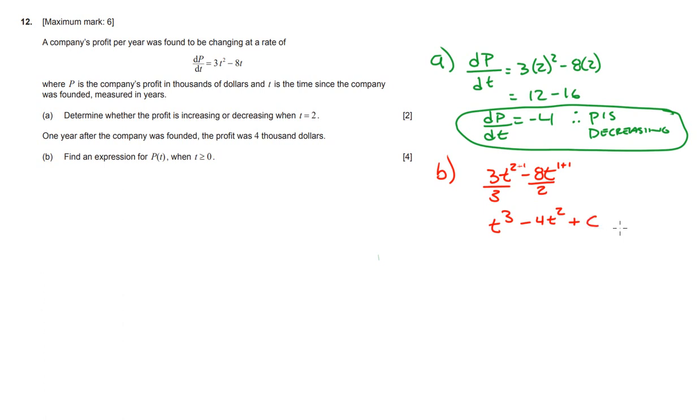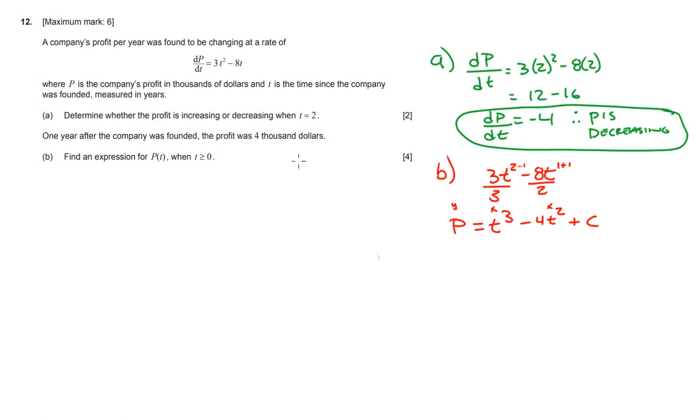Now, there's going to be some kind of constant out here that we're going to need to figure out. This over here is simply going to be our profit, right? In this case our profit is our y, and our t is our x.